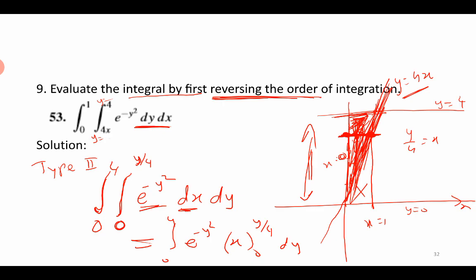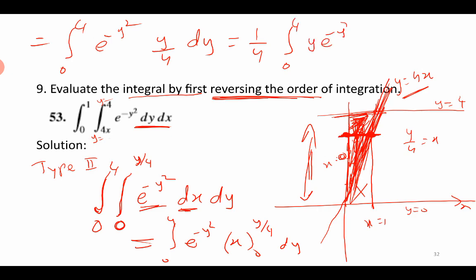Okay, now I do this side. Outer integral 0 to 4 e raised to minus y square, this will be just y over 4 dy. Now 1 over 4 is a constant. Integral 0 to 4 y e raised to minus y square dy. By substitution method, you can continue.